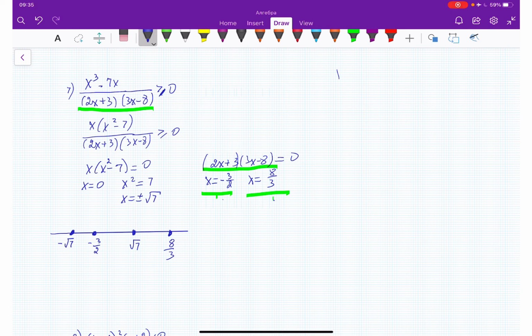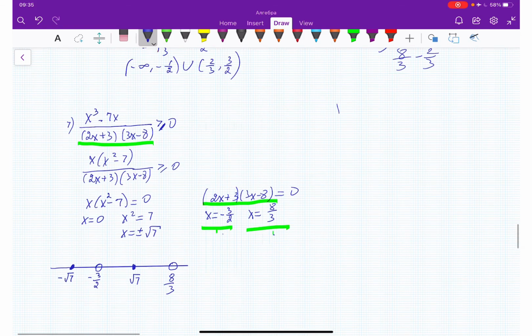Therefore, the solution of the denominator is always going to be an empty circle. It doesn't matter whether the equal sign is there or not, because otherwise it's going to turn into division by 0. Therefore, these two circles are going to be empty circles.